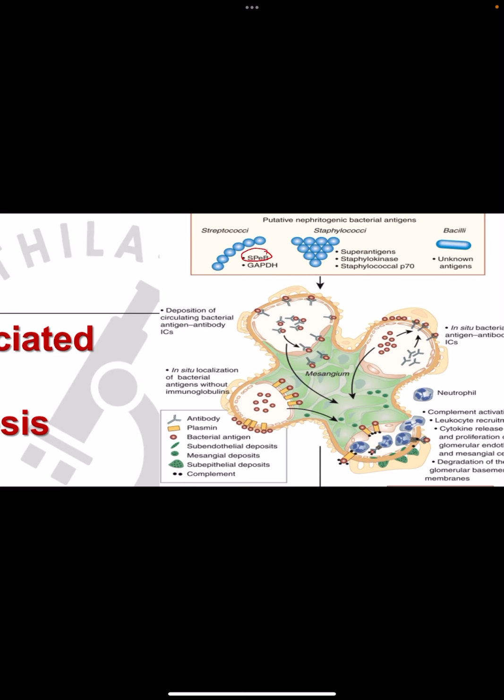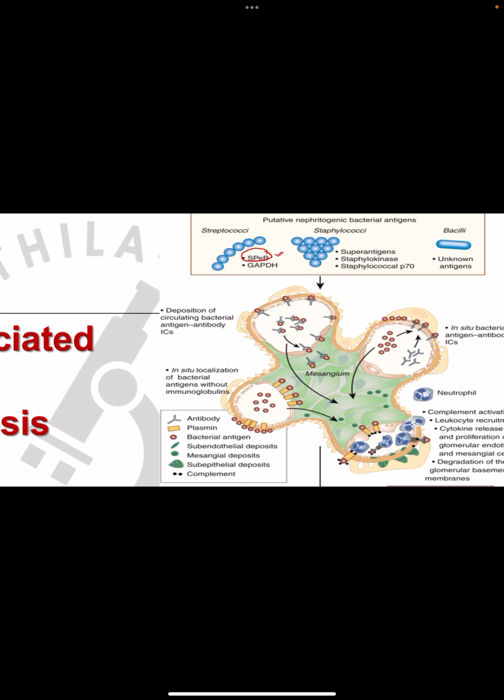So the antibody will be formed against this antigen, and the group A beta hemolytic streptococcus is the nephrogenic strain of streptococcus, which will cause the nephritis, and this antigen will incite this antibody formation.